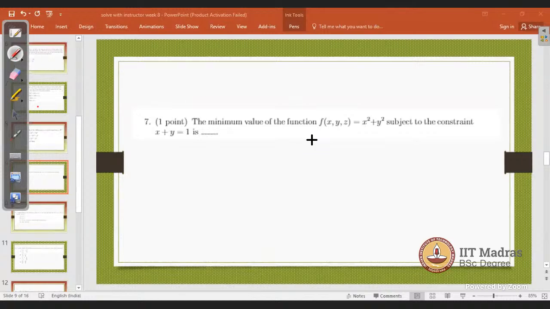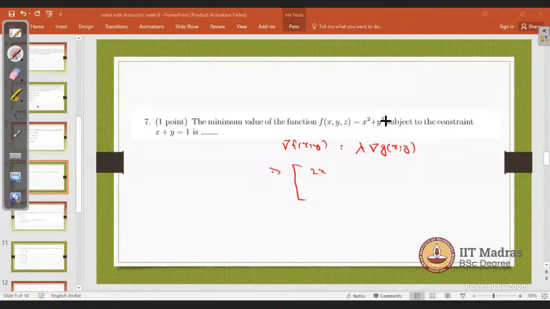Yeah, definitely. So the first condition is del of f(x, y) equals lambda del of g(x, y). First differentiate with x, so we get 2x plus y square, that will be 0.